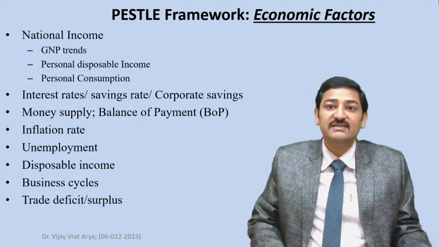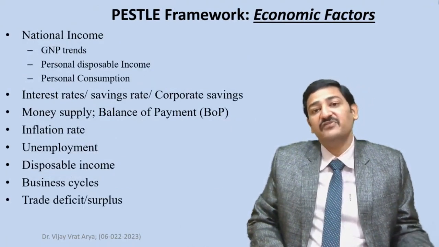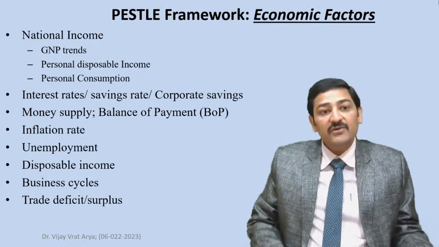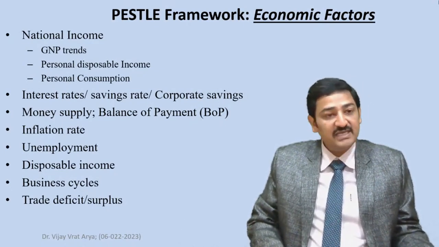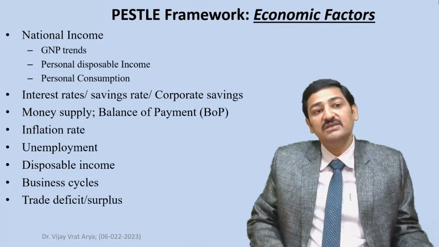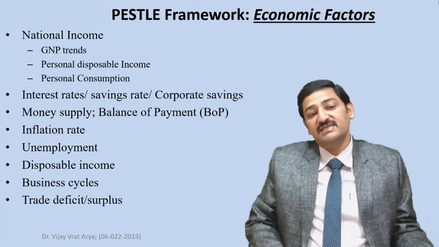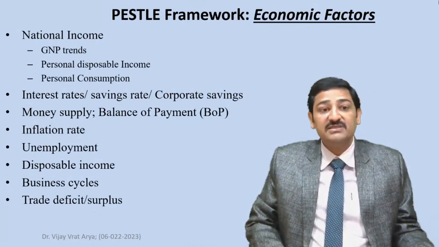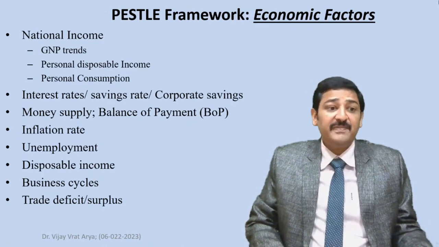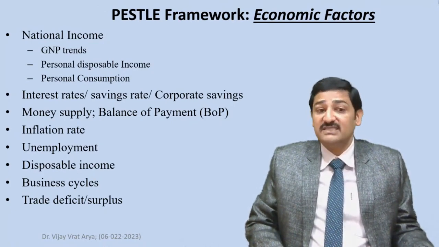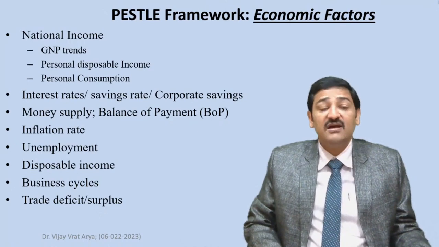On the other hand, the second aspect of the PESTEL framework is the economic factors, where very commonly the national income, which includes the GNP trends, personal disposable income, personal consumption, interest rates, saving rate, and corporate savings are considered.